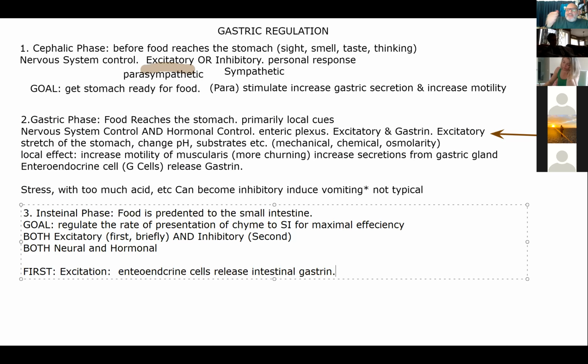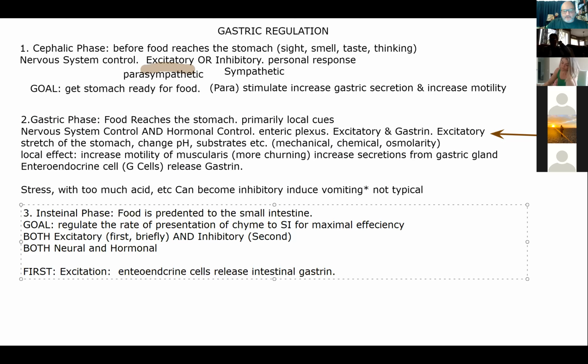However, both gastrin and intestinal gastrin end up in the blood, and when it gets to the gastric gland of the stomach, does that gland, does that muscularis care whether the gastrin was produced by the stomach or by the small intestine? No, it's going to affect it the same.